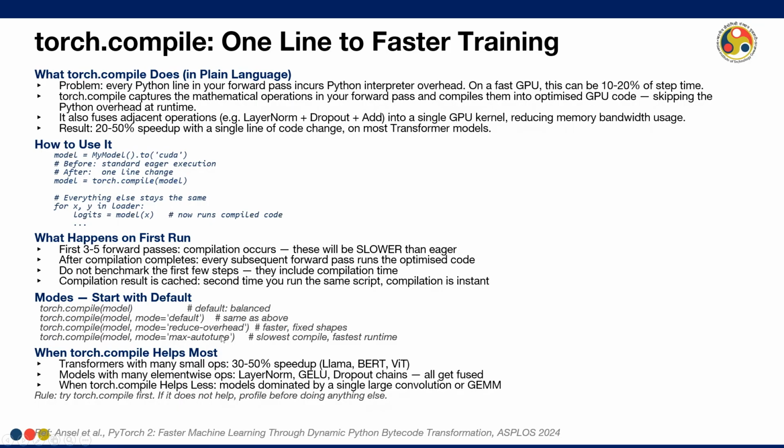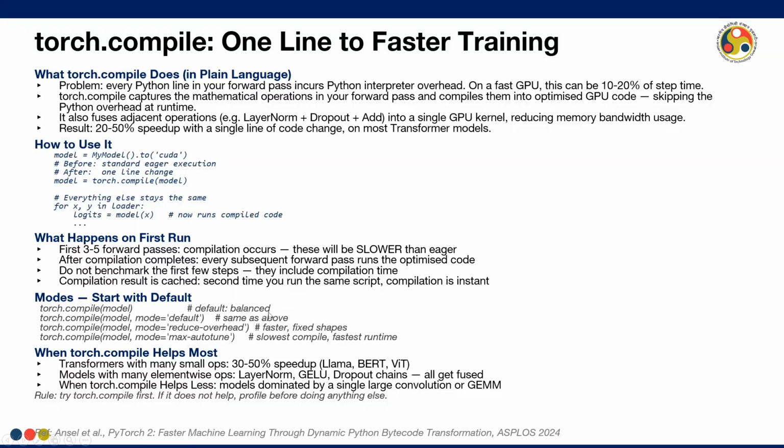If I want max-autotune, it will have the slowest compile but faster runtime, because it will look at all the different optimizations and data types in the compilation stage. So it slows down the compilation stage, and it will have the faster runtime, because in the compilation step we have optimized most of the stages and the data.